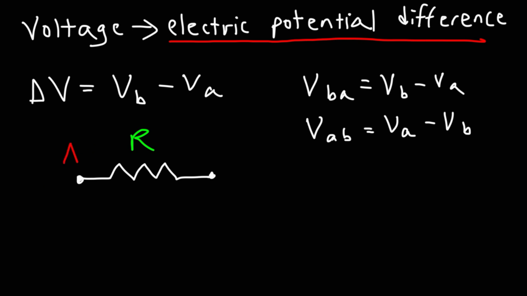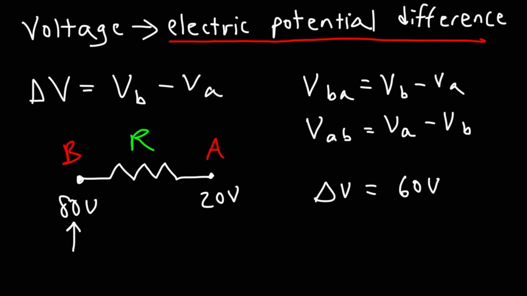We'll call this point A and point B. Actually, let's make this B. Sometimes my computer acts up. Let's do it that way. Let's say B is at 80 volts, A is at 20 volts. The change in V is 80 minus 20, that's 60.